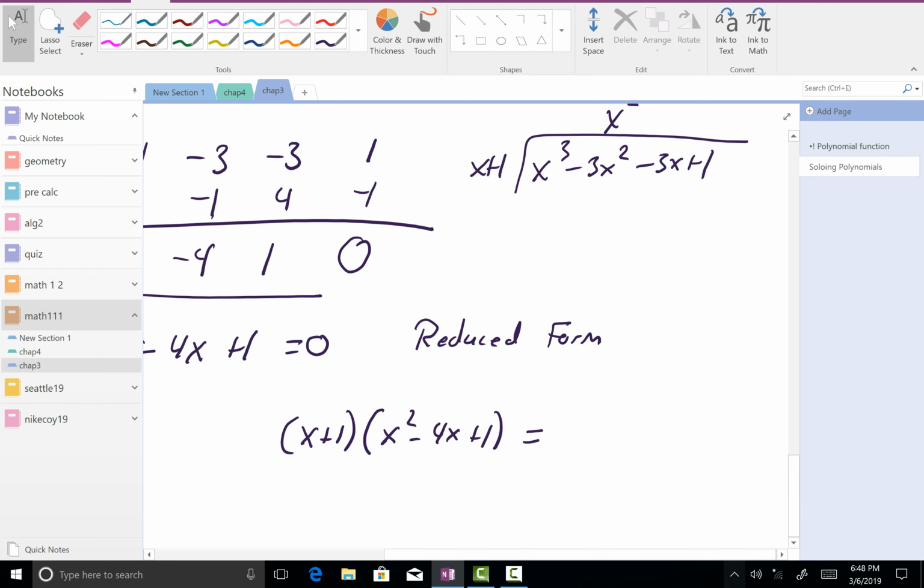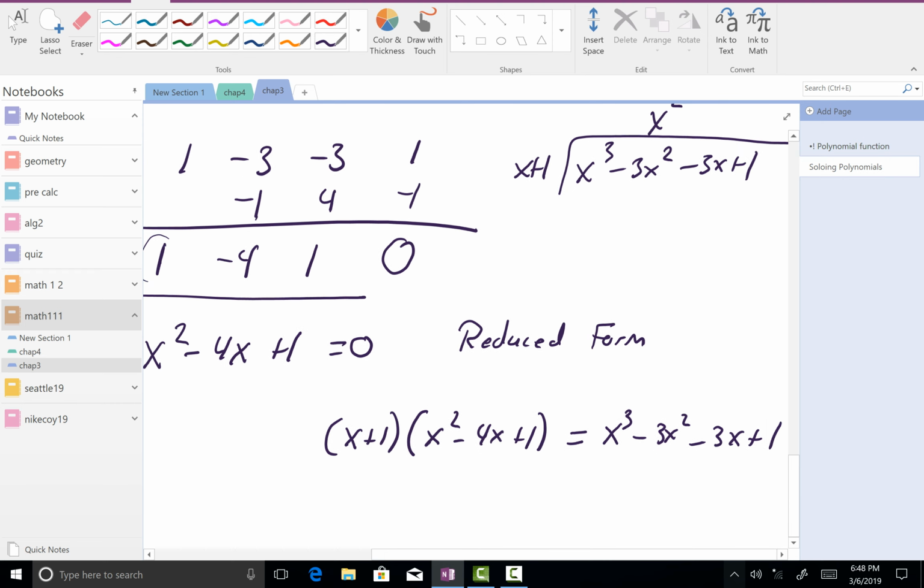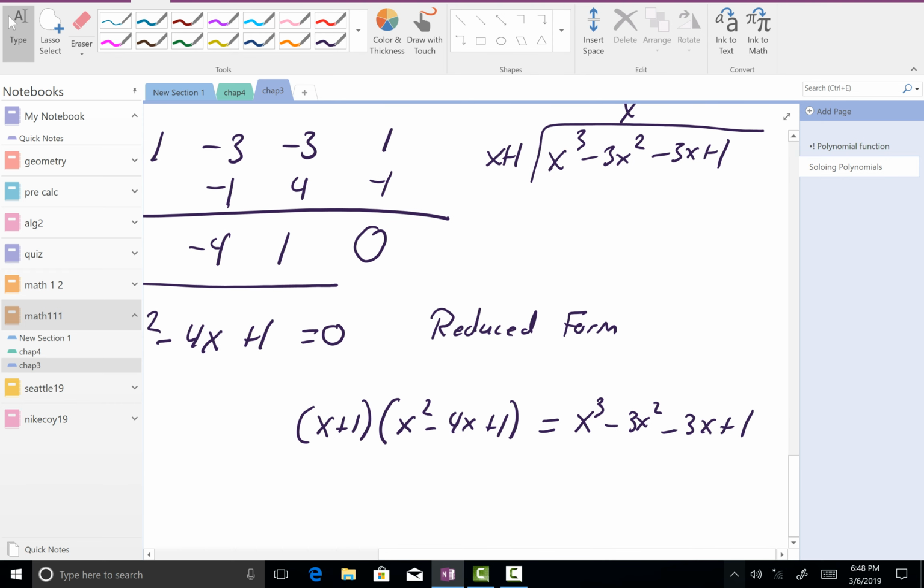Okay. So this is what we're going to get. I mean, I can do it for you if you want, but that's what we're going to get. Okay. So we took this thing, we divided it by this, and now we have the other factor. So if we FOIL, that's what we're going to do.